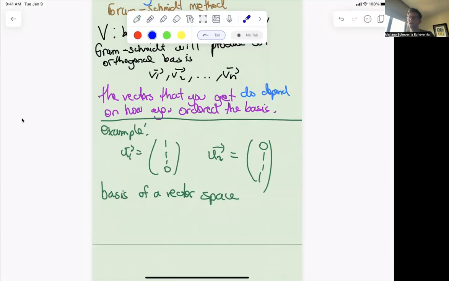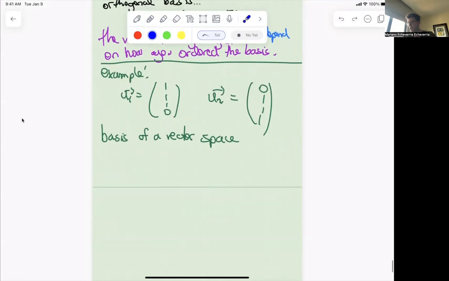What I'm saying is that when I do Gram-Schmidt, the answer that I get does depend on the fact that this was called the first vector and this one the second vector of the basis. So why does that happen? What is an orthogonal basis here?